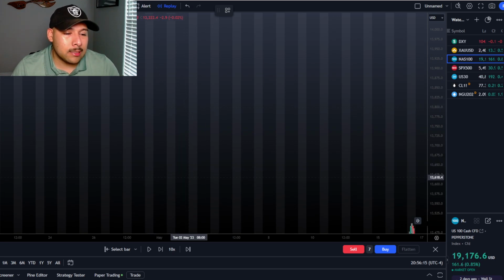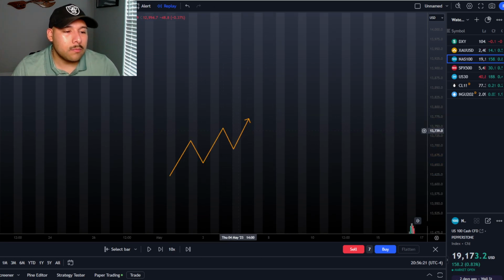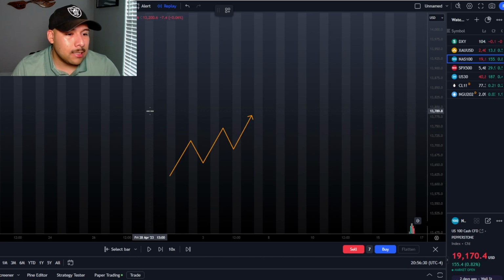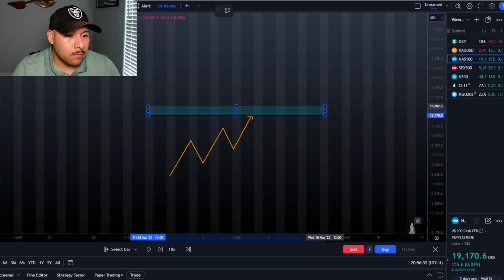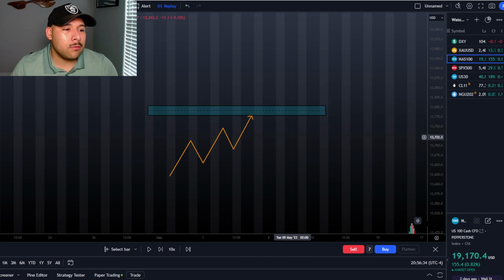So let's take, for instance, a bullish trend or an uptrend that's making higher highs and higher lows. When price reaches a certain key level, first I'm going to go over resistance. Let's say this is a resistance level. What is a resistance level?